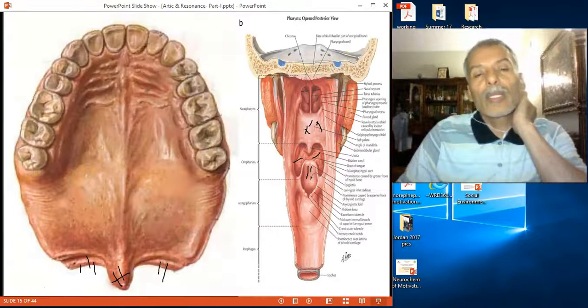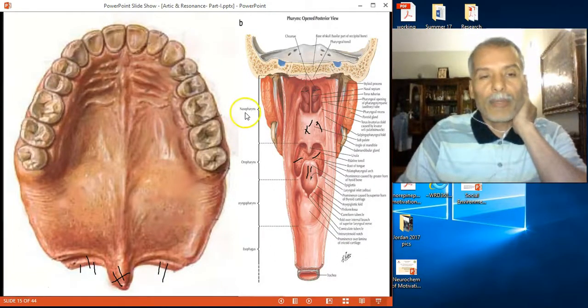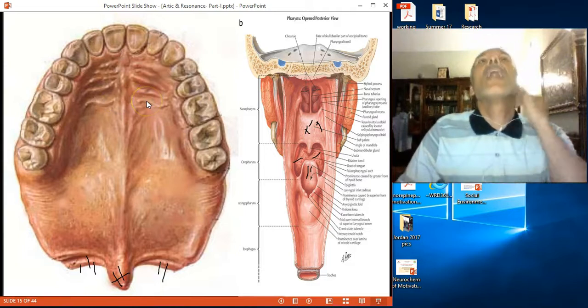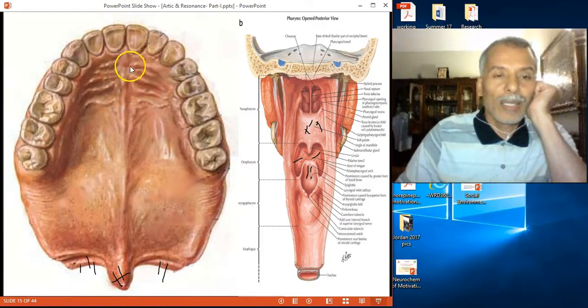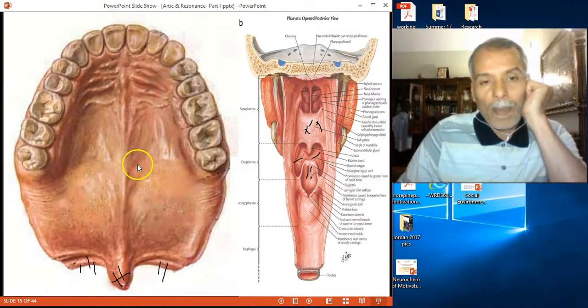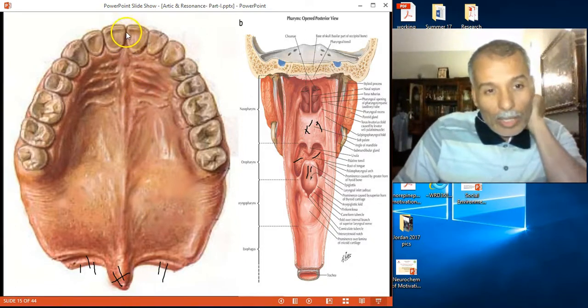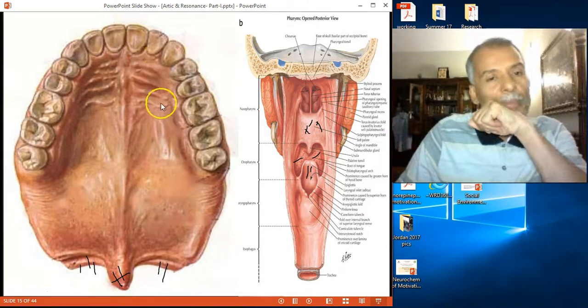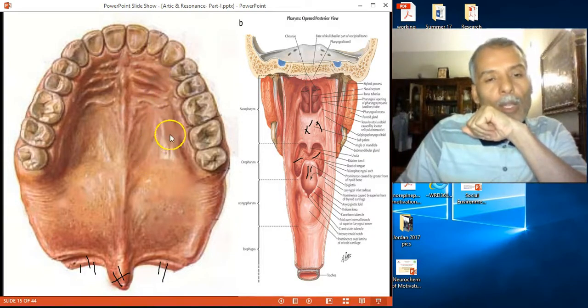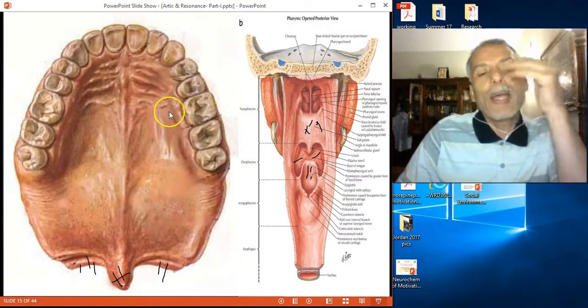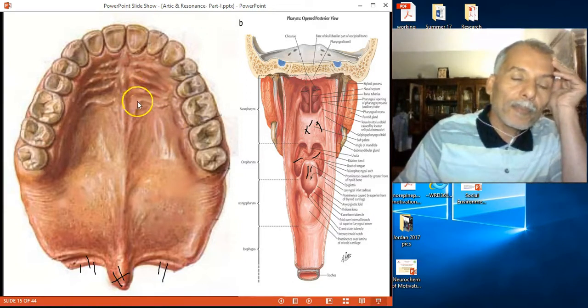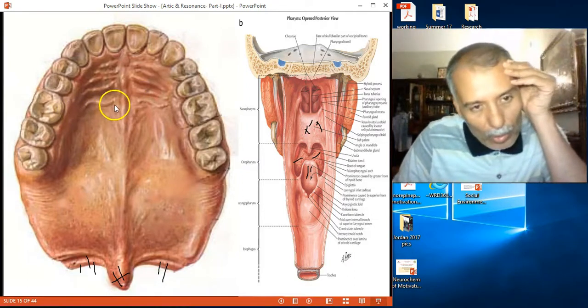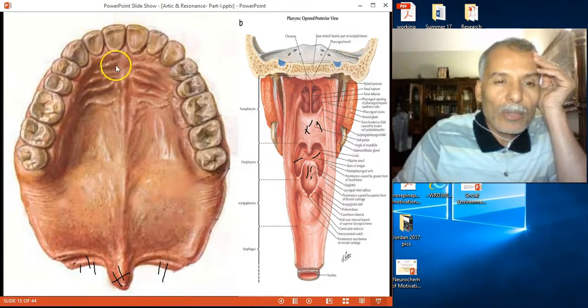Let's look now at the roof of the oral cavity, and you're looking now at the hard palate. As you can see, it has a line in the middle, and each half of the hard palate grows by itself as one shelf of bone, and goes to the midline, and the other half grows and goes to the midline, and then they start to unite in the front, and then they fuse as you go back.